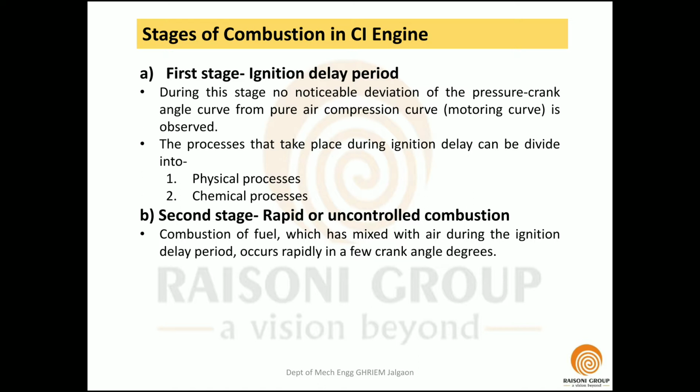Ignition in one place is followed by ignition elsewhere. So rapid combustion of the prepared fuel follows in the first stage. The rate and quantity of combustion in the second phase is thus dependent on the duration of the delay period and the rate of preparation of the fuel during this period.